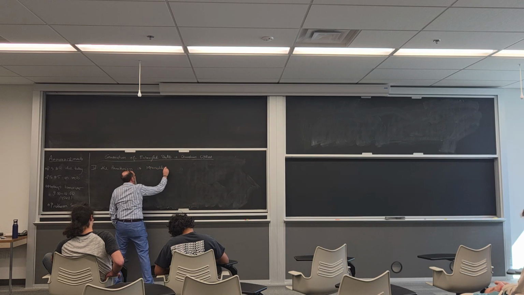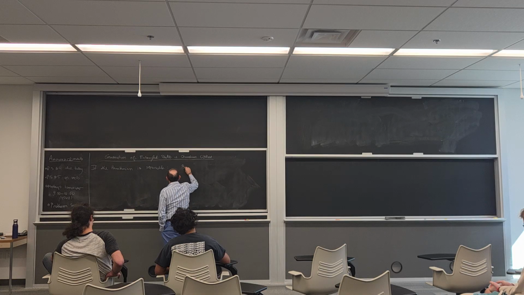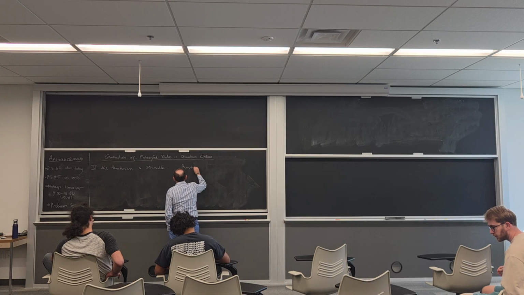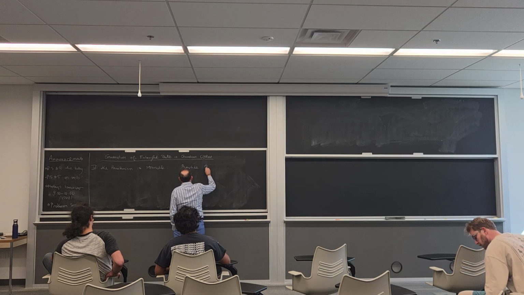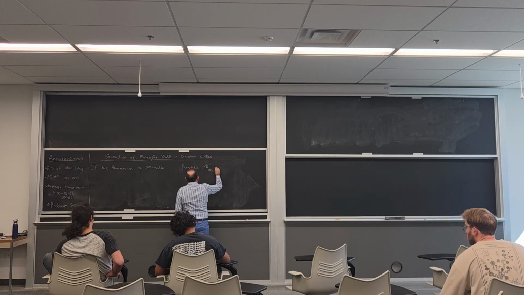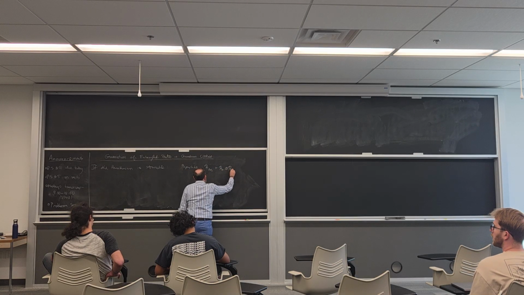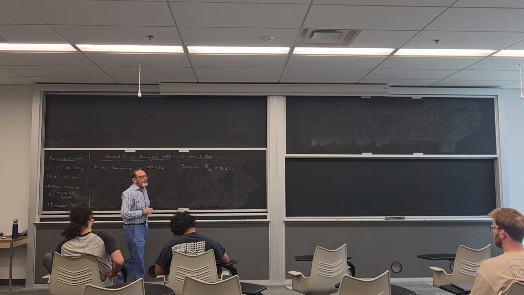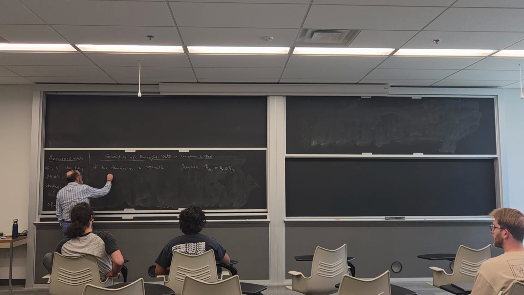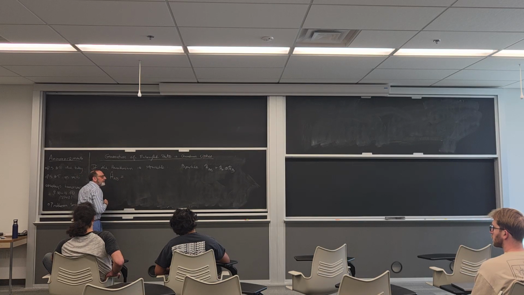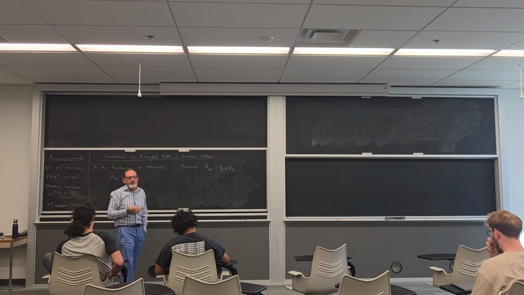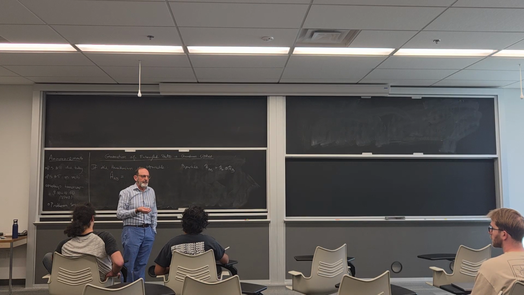Let's imagine we have a bipartite system, with a Hilbert space for the two subsystems' degrees of freedom. If my Hamiltonian is separable, what does that mean? It means there is no interaction between the two subsystems.